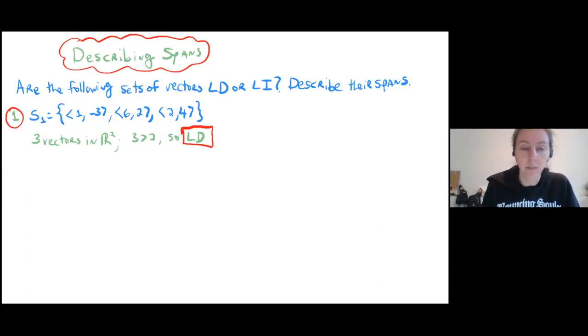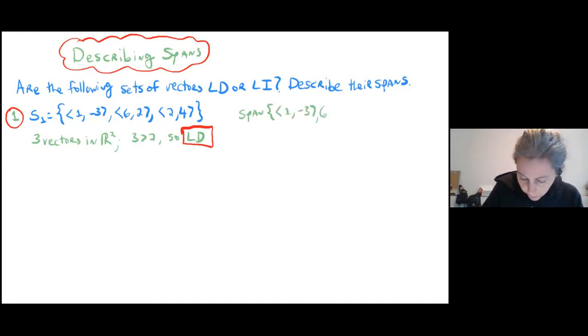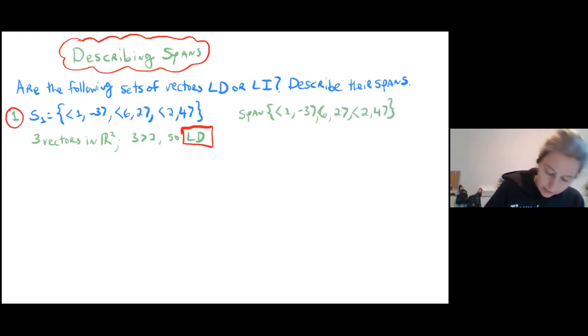I don't need it to get to all of the same spaces. In other words, the span of (1, -3), (6, 2), (2, 4) is equal to the span of (1, -3), (6, 2).